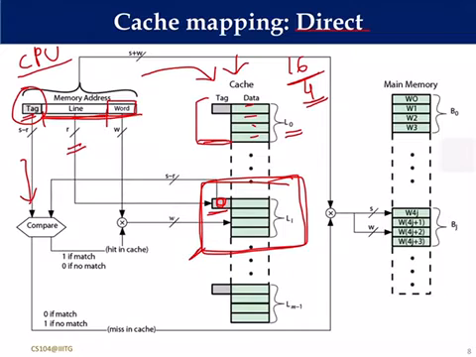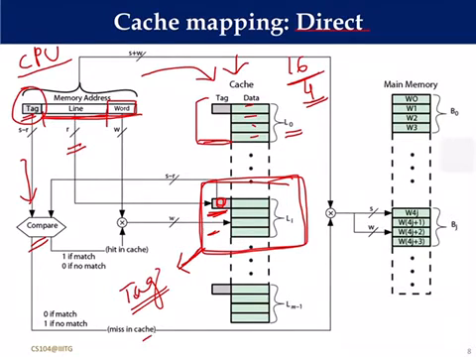To clear that confusion, we do a tag comparison: the tag associated with this particular line against the tag being requested by my CPU. That is the comparison logic. If this matches, it means whatever item is there is the requested one. So that is a hit.